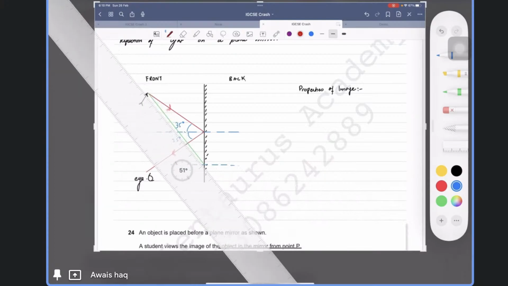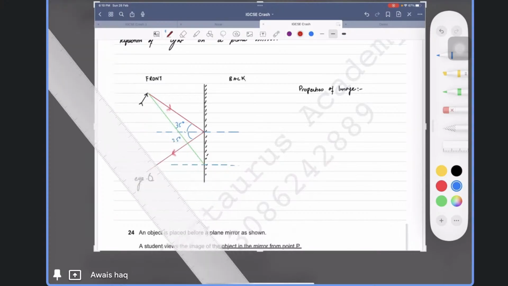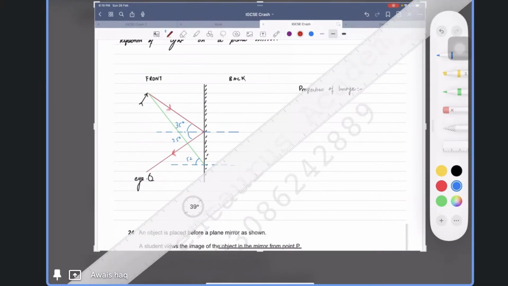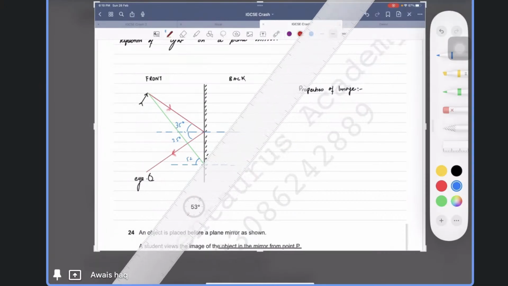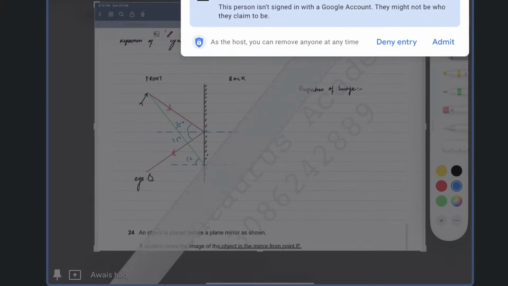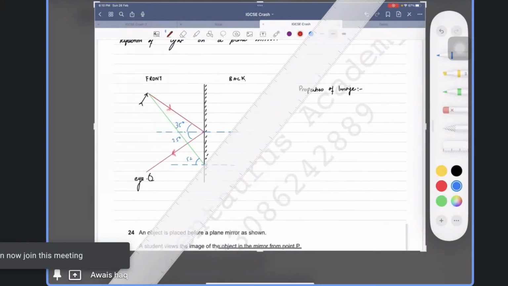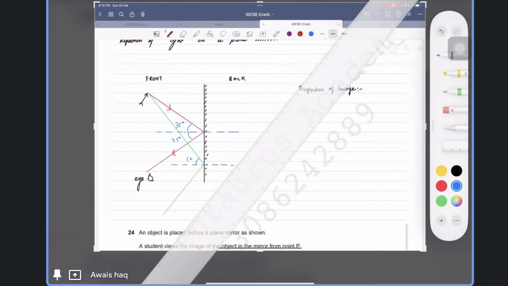So this angle was basically 52, so I'm going to draw 52, and then I have to take the same angle, the same 52 degrees, using the protractor, and from here we're going to make the same line like this, and that's going to be 52 degrees as well, right?